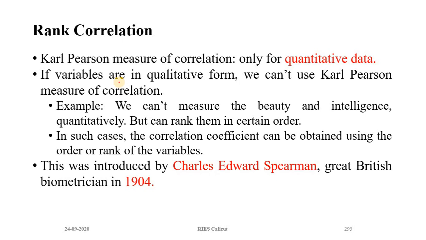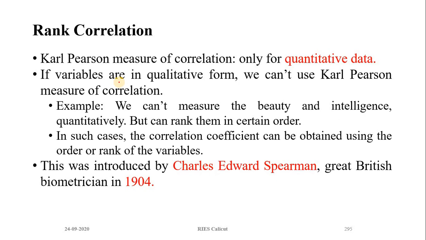We cannot measure the beauty, but we can rank the beauties. Similarly, intelligence and many human feelings, many other things that we cannot quantify, but we can rank these things.